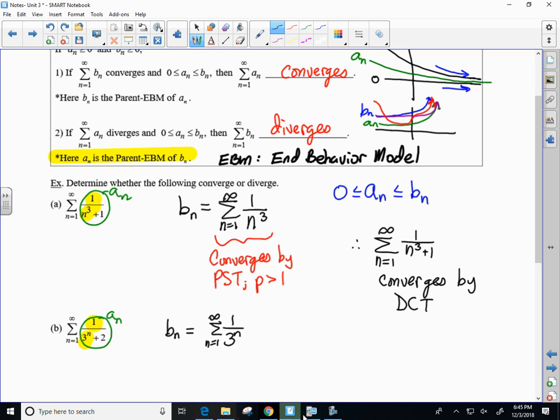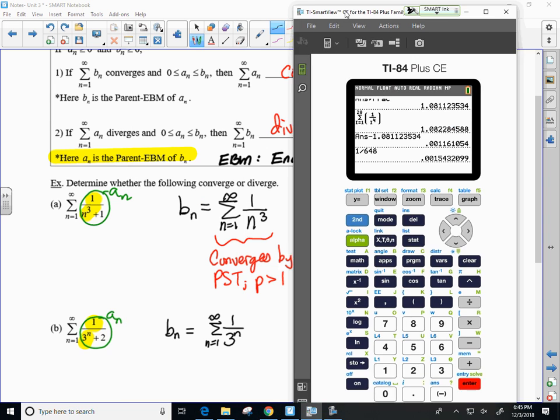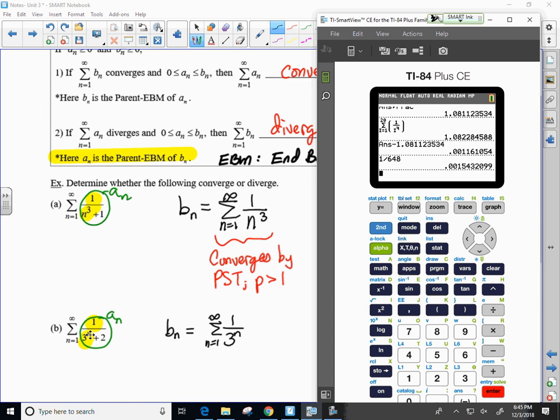Numerically, it's not bad because you plug in a 1, you get 1/5 versus 1/3, and you can just compare the two. But if you're more of a visual person, then maybe you want to do it this way. So 1 divided by 3 to the x power, and then 1 divided by 3 to the x plus 2. You could use a fraction tool, but order of operations is, I think, all right in this case. I do need parentheses to do it this way.